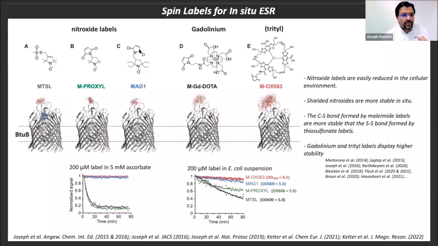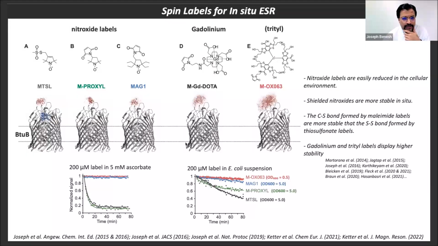Also, the carbon-sulfur bond formed by maleimide groups is more stable than the disulfide bond formed by thiosulfonate functionalized spin labels. Coming to gadolinium and trityl, they are more bulky, as you can see from here, and you can also see the volume of the rotameric populations. Obviously, these labels occupy a larger volume.